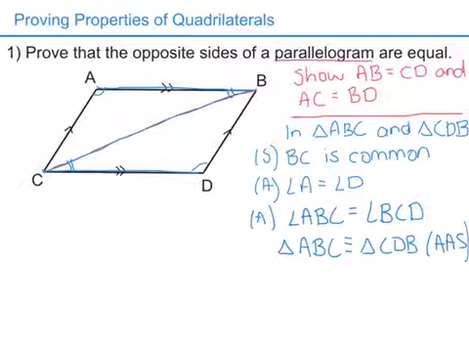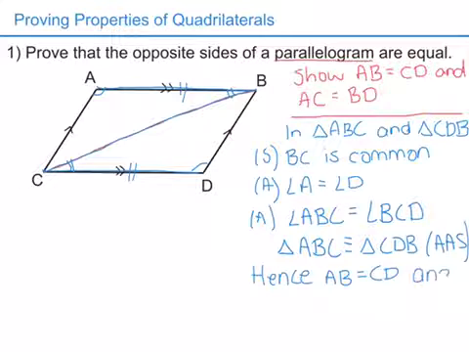And because they pass that congruency test, we can then say that everything else about them are identical. And hence, sides AB and CD are identical, and the remaining sides AC and BD are identical as well. And hence we've proven our property.